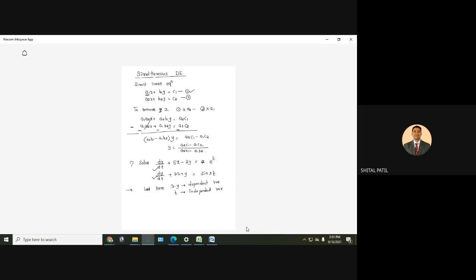Isn't it? Therefore, it is an ordinary differential equation. Actually, the relation is like this: x and y are functions of a single variable, and therefore it is ordinary. It might be the other way around, right? Only one dependent variable and two independent variables. Then the derivative might be partial. Okay, it is not so.